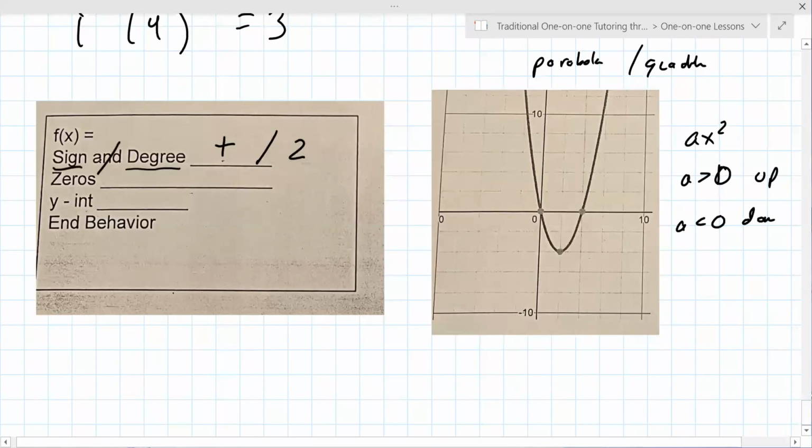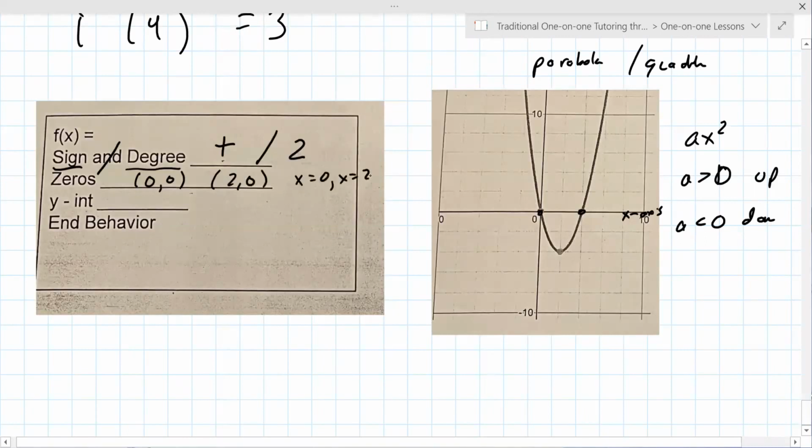Okay. Zeros are where it crosses the x axis. 0 and 2. Sometimes they want ordered pairs, (0, 0) and (2, 0), or they want you to just write x equals 0, x equals 2.